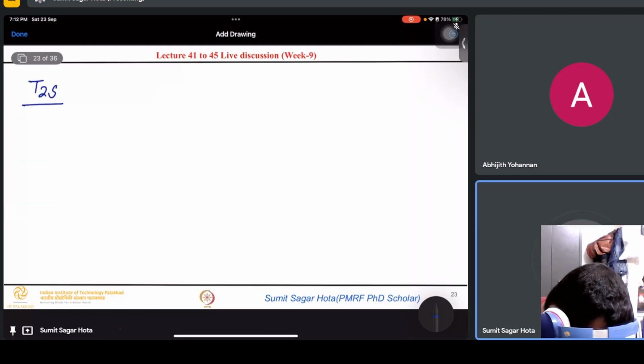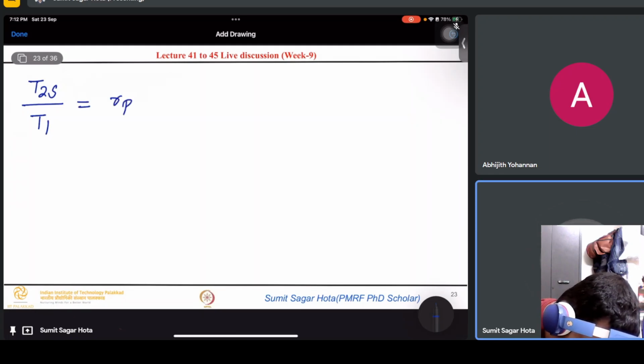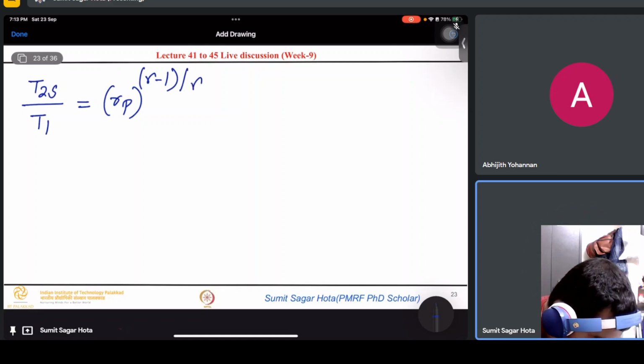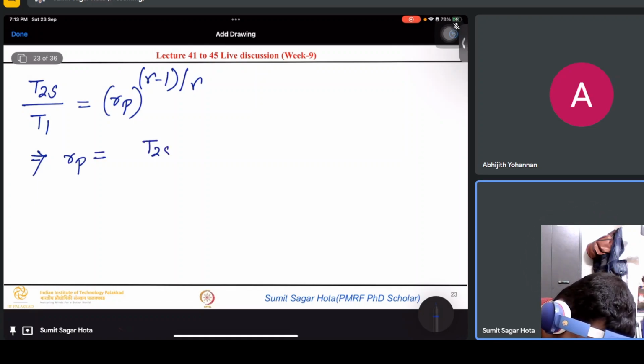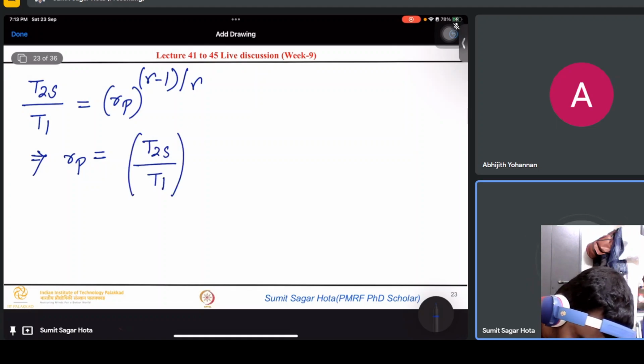T2s divided by T1 is equal to Rp to the power (gamma minus 1) by gamma. So what is Rp? Rp equals T2s by T1 to the power gamma by gamma minus 1.